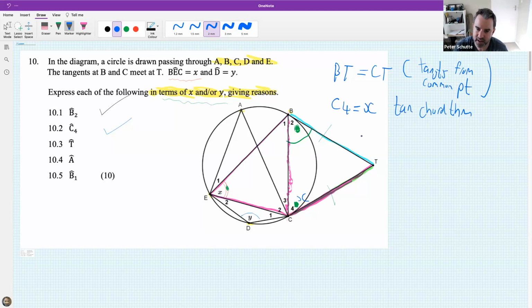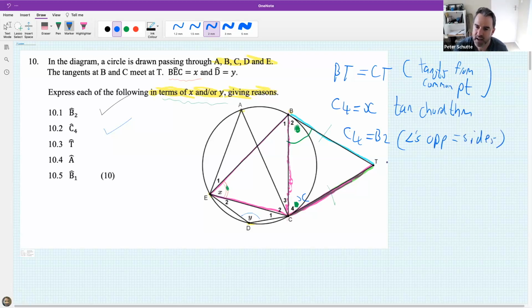And then I'm going to say C4 is equal to B2 because angles opposite equal sides. And then I'm going to say, therefore, B2 equals X, because I know from that relationship. So this is going to be equal to that, and that's equal to that over there.